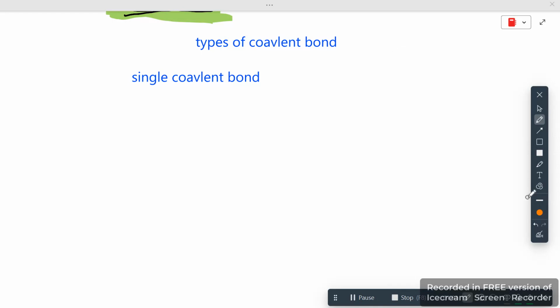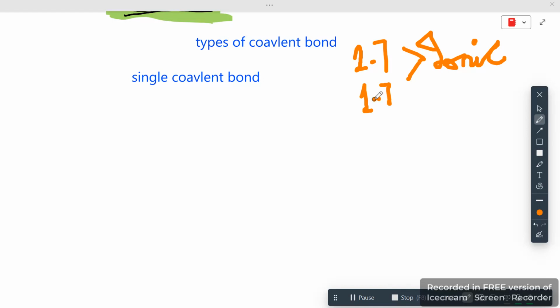If the electronegativity difference is greater than 1.7, then this is an ionic bond, and if it is less than 1.7, then that is known as a covalent bond.